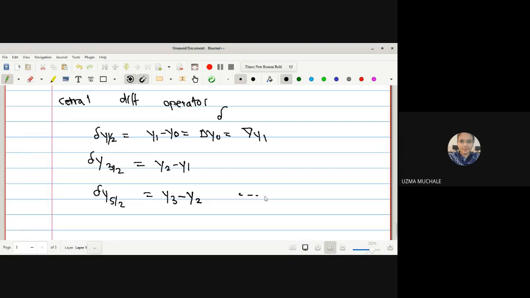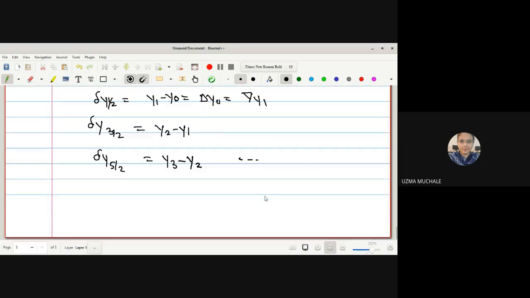Now we can write the general formula for this as y n minus 1 by 2. We can write it as y n minus y n minus 1. Okay, and this is denoted by y n minus half. The central difference operator y n minus half is nothing but y n minus y n minus 1.